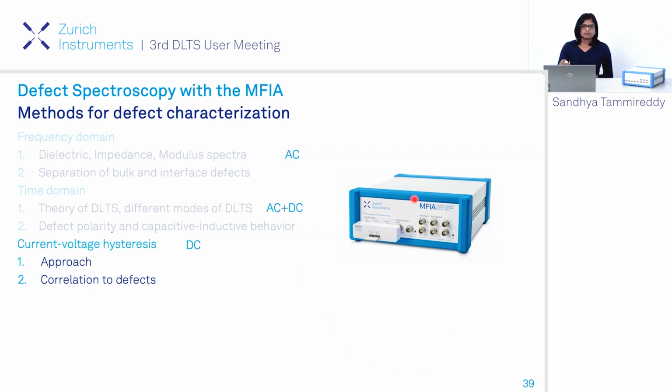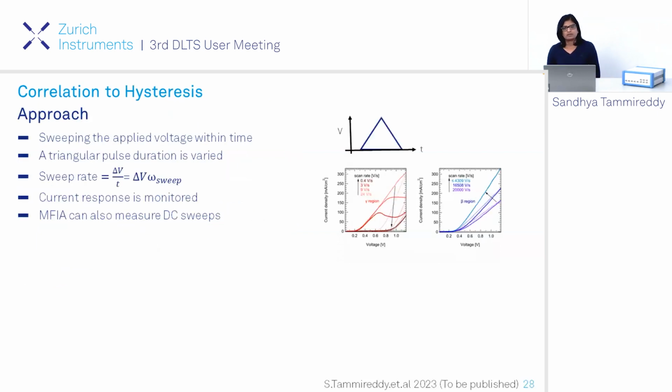So far we saw AC condition measurements and AC plus DC condition measurements. Let's have a look at pure DC measurements, to go back to our initial question: how are these defects related to hysteresis? To answer that, we measured IV curves, current voltage characteristics, of the device in an extensive range of sweep rates.